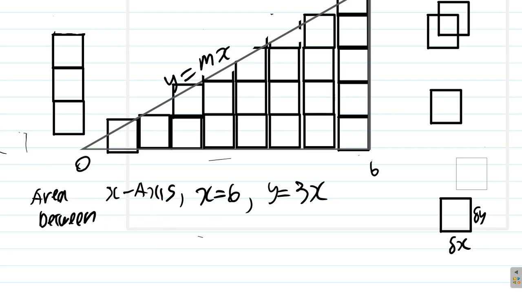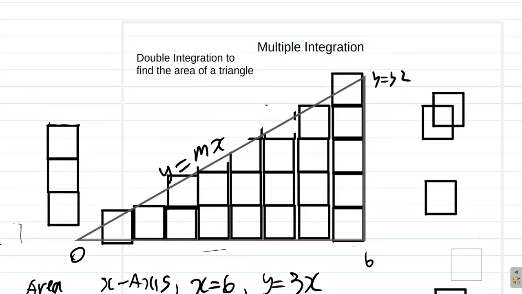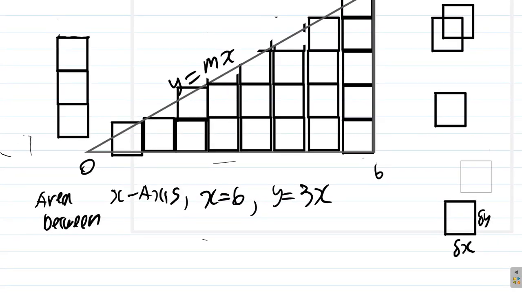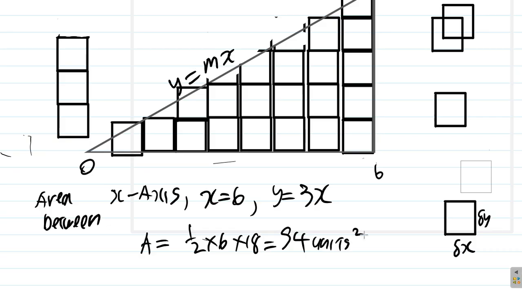So you would say this goes up to 3 times 6, 18. Right? So this would be 18. So what you would say now is that area is equal to half times 6 times 18, which is half of 18 is 9, 9 times 6 is 54 square units, right?